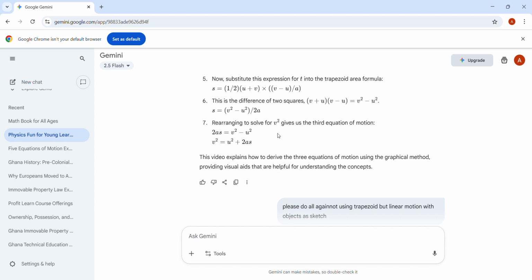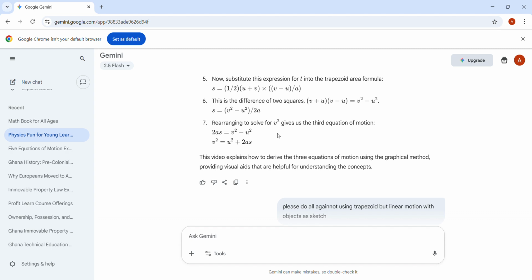Your final velocity minus your initial velocity over time. That's one equation. Now we know the displacement is also equal to the average velocity times time. So average is v, final velocity, and u, divided by 2, times t. Right, so these are the two equations that we'll be using.